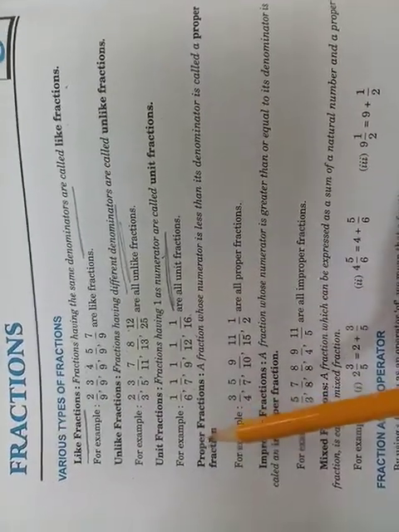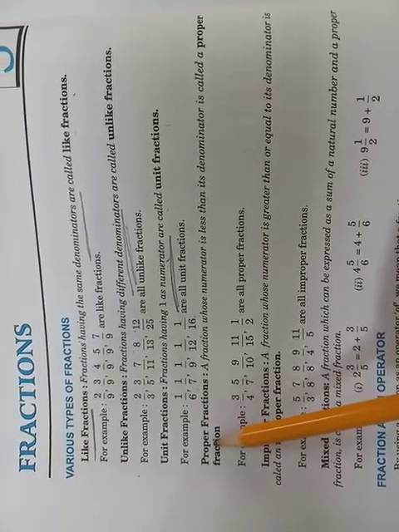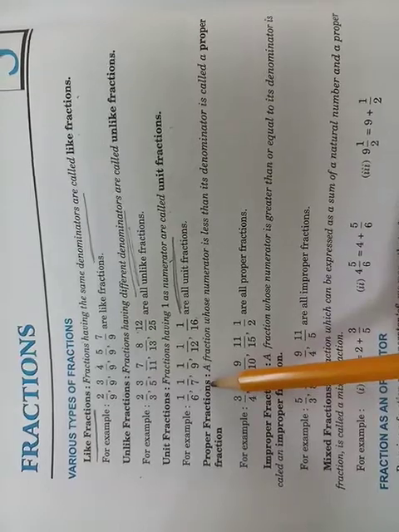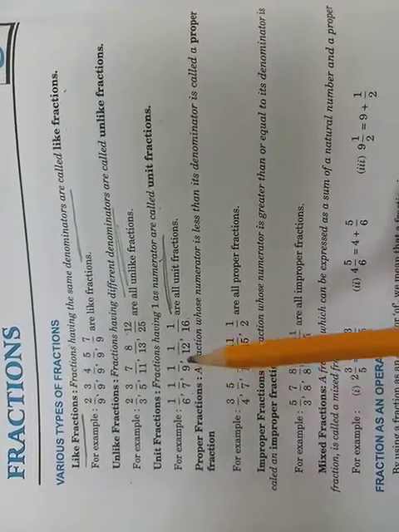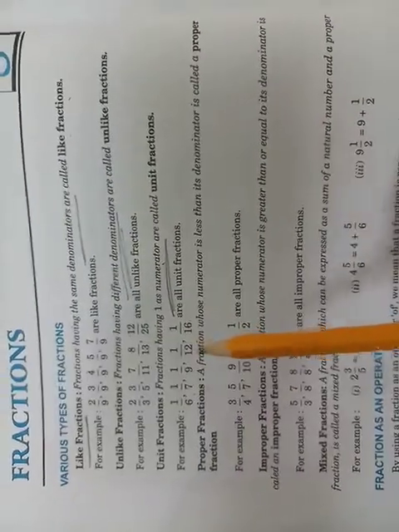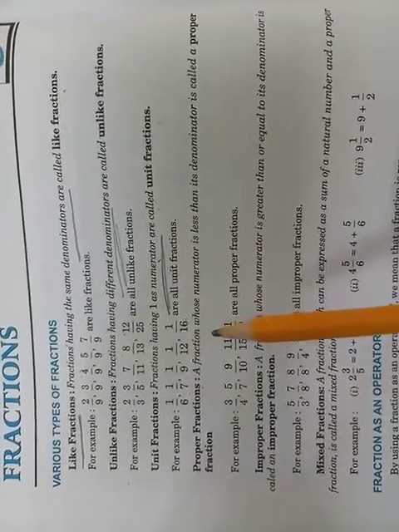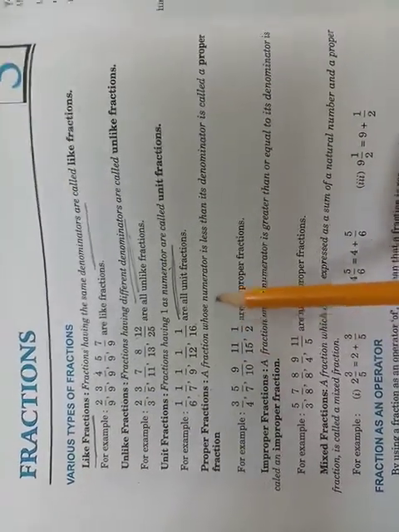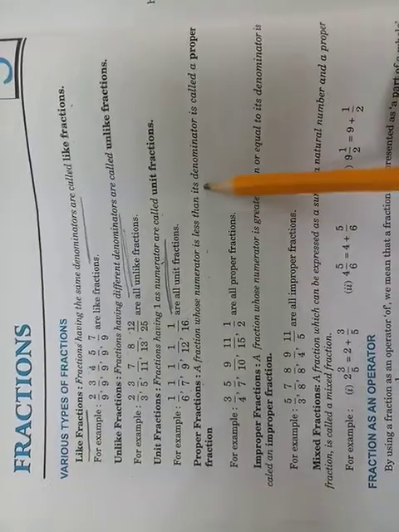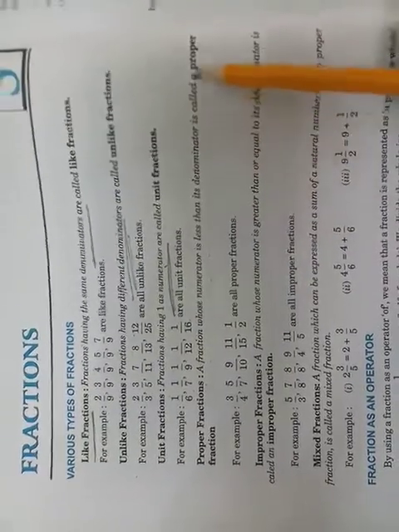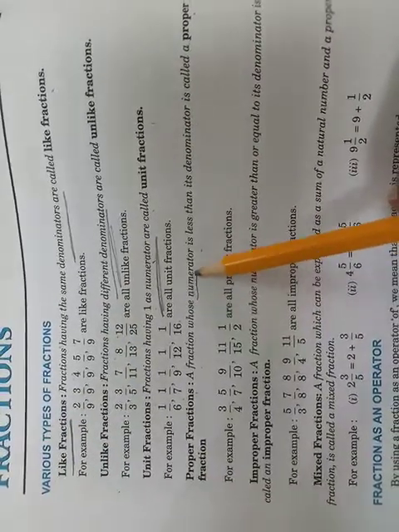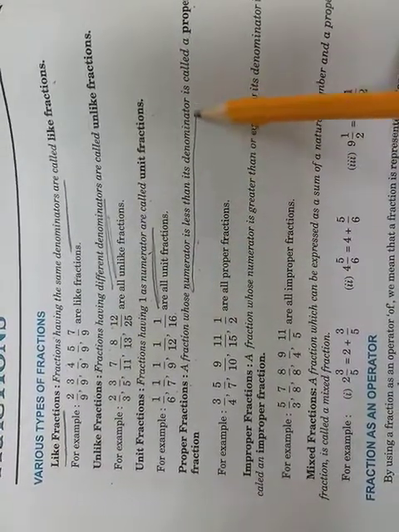Then I come to proper fractions. What does the word proper fraction mean? The fractions where the numerator is smaller and the denominator is greater are known as proper fractions, the original standard form of a fraction. A fraction whose numerator is less than its denominator is called a proper fraction.